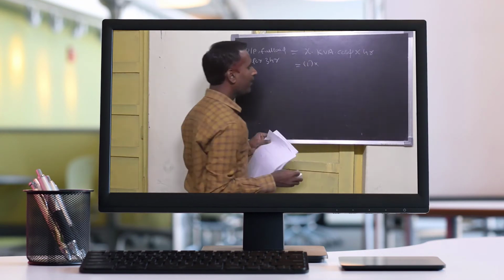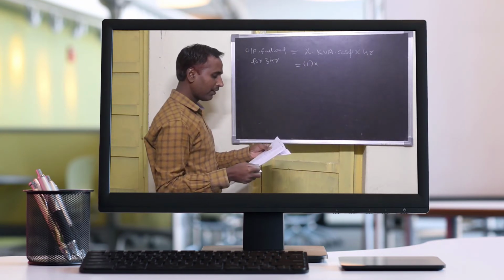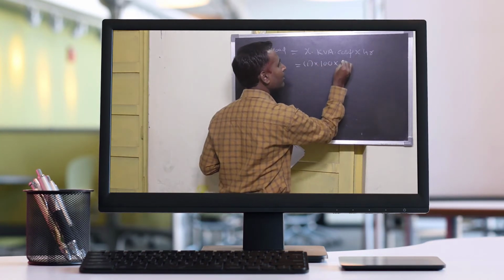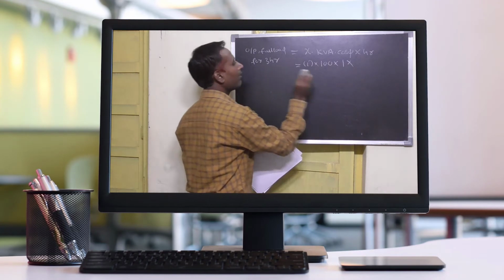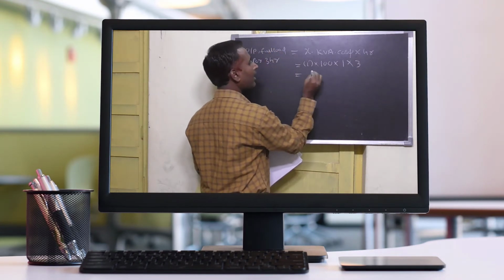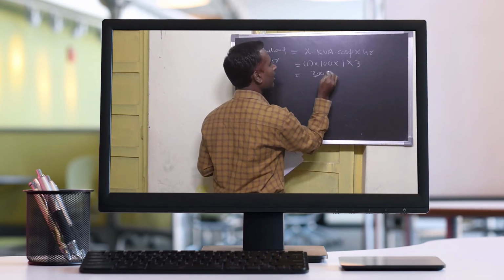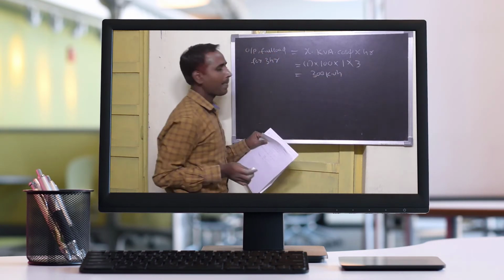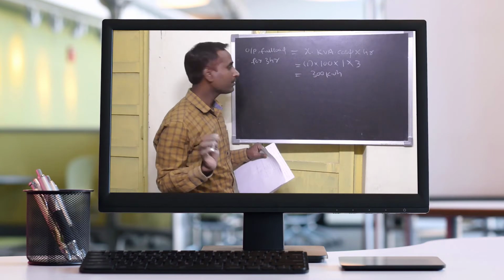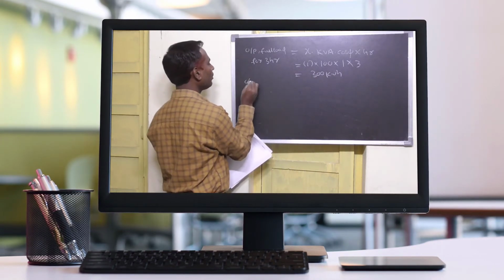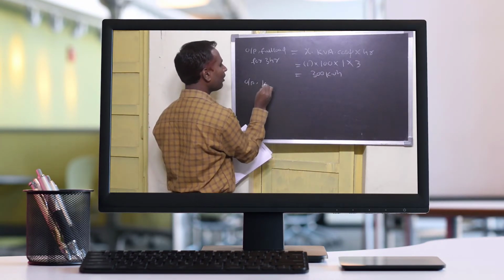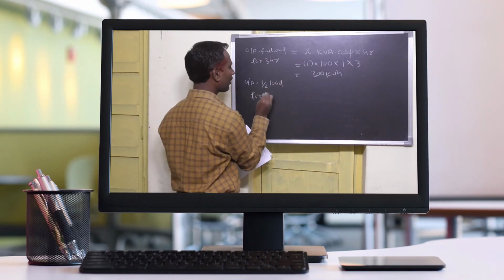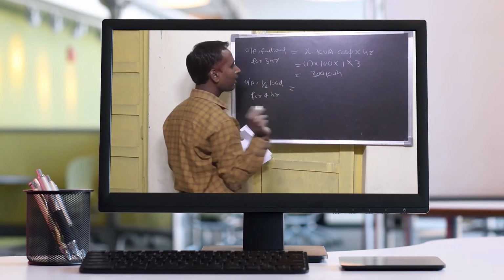How much kVA is given? 100 kVA. I will put 100. Power factor is unity. Hour is 3 hour. I will get 300 kilowatt hour. This concept clear? Next, output at half load for 4 hour.